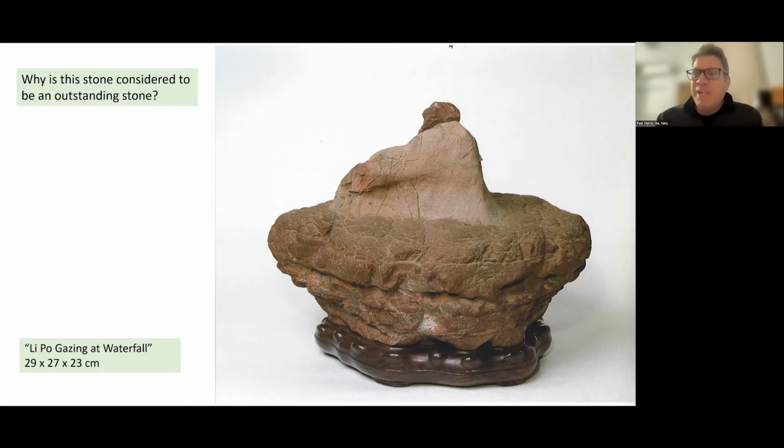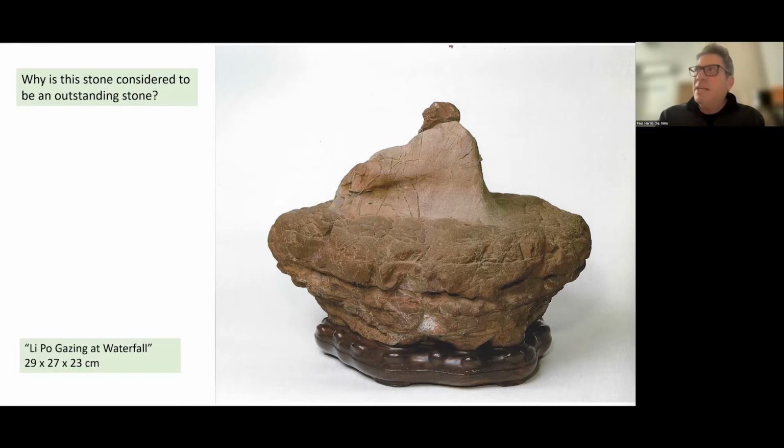This is just an interesting thing in terms of what Tom's been doing with the VSANA site, because this is related to stones and poetry. This stone in itself is an interesting, certainly looking stone with an unusual form. But as the caption says, Li Po gazing at waterfall, I believe it's Li Bai, a Tang Dynasty poet who wrote a poem called Gazing at a Waterfall at Mount Lu.